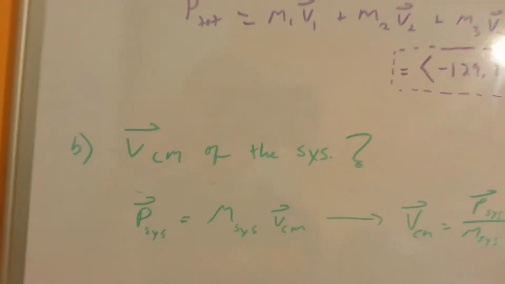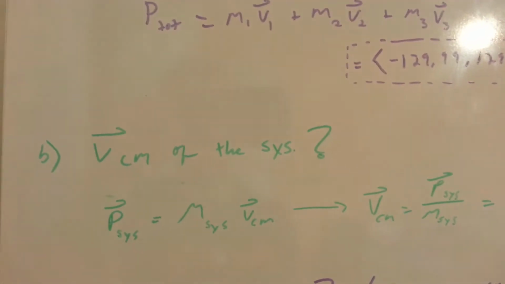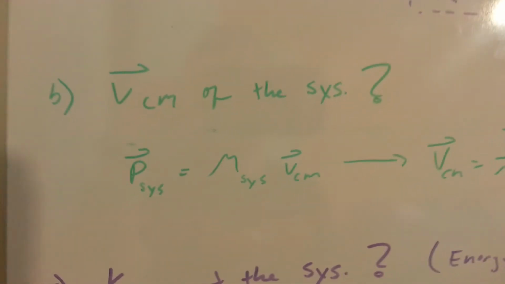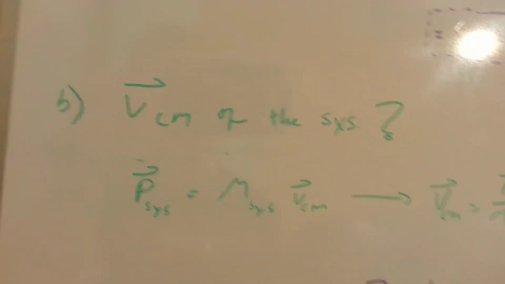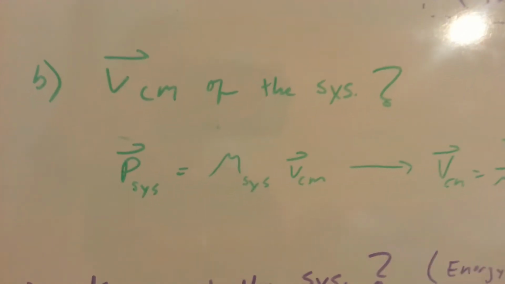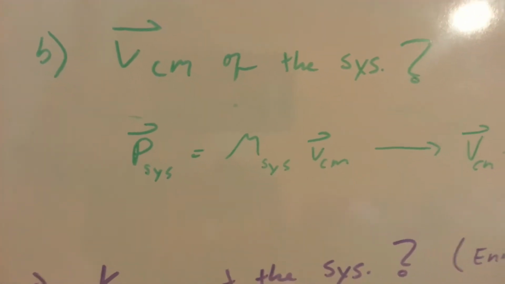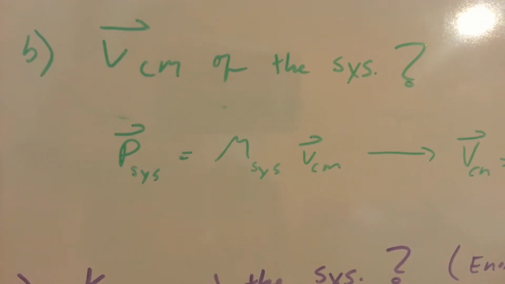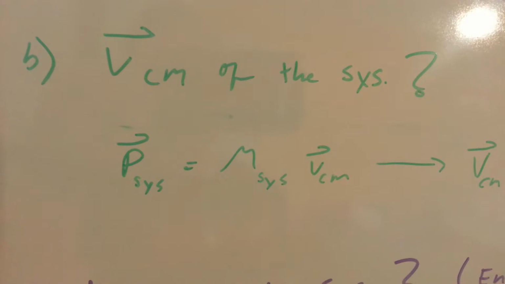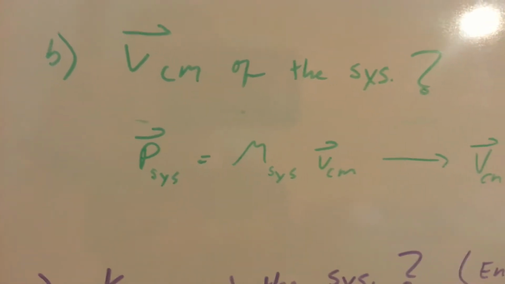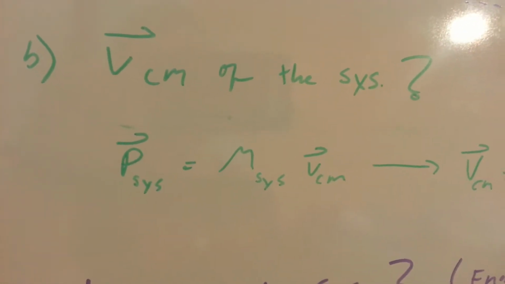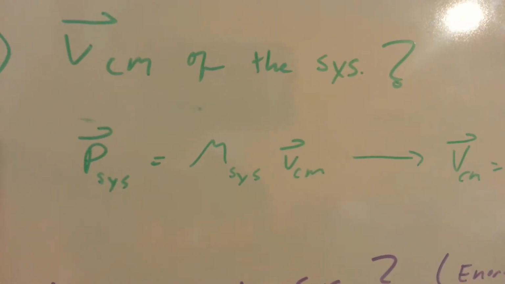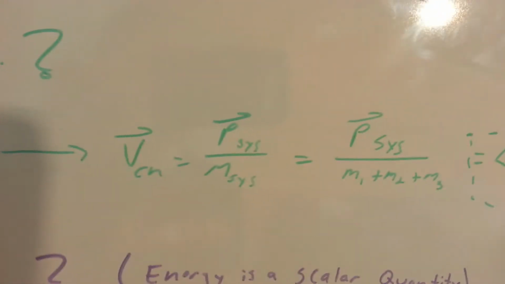What is the velocity of the center of mass of the system? And you can derive what the velocity of the center of mass of the system will be from your basic momentum definition, which is the momentum of the system equals the mass of the system times the velocity of the center of mass, which you can isolate.